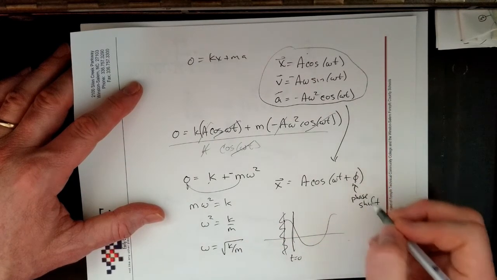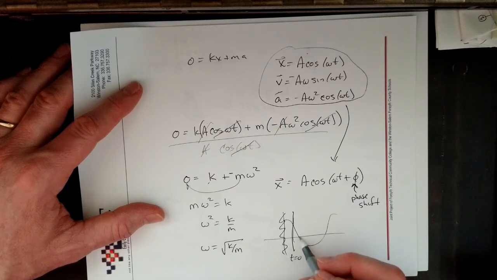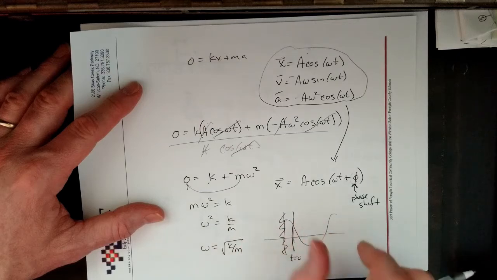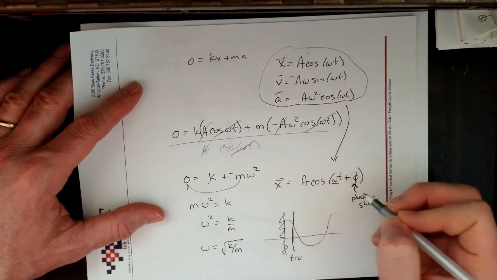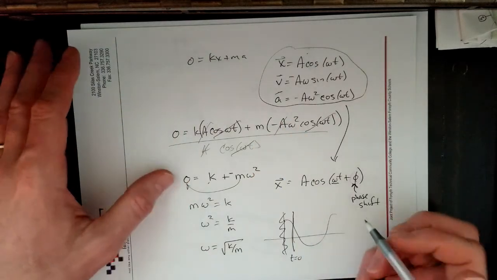That's what the phase shift does: it allows for things not to start perfectly at the peak, or if it starts in the middle, sine might make more sense. But this just shifts the graph to the left and right. This number right here will stretch it out or shrink it. This number right here will expand it that way.